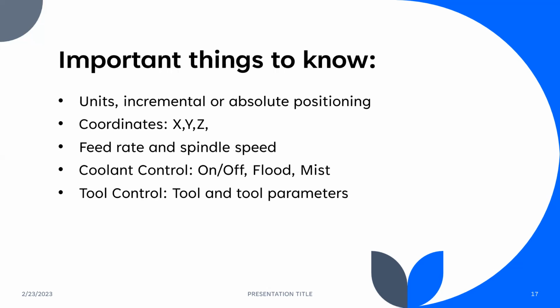So the important things to know: units, then absolute or incremental position, then coordinates, that is the axes, then feed rate and spindle speed, then coolant on/off. Next one is the tool controller.